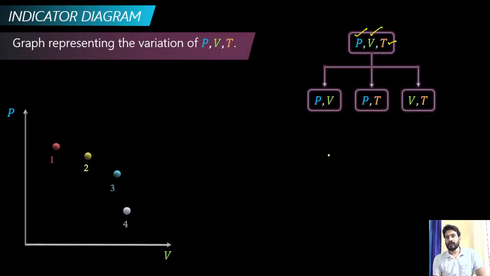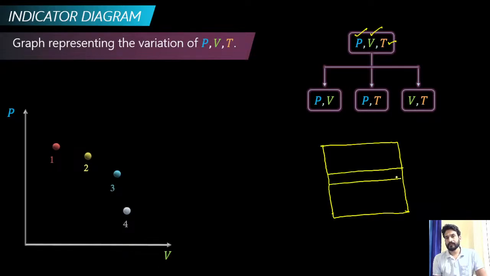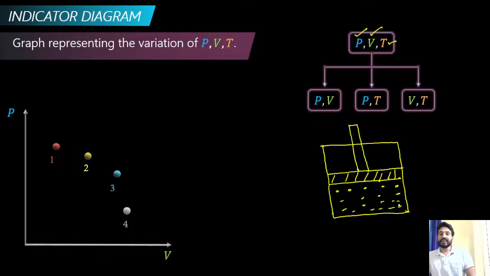Let's suppose that this is my cylinder piston arrangement, and a gas is filled in this cylinder. At different moments, we record the values of P, V, and T. At one particular moment, we will say that this is the state of the system for now.